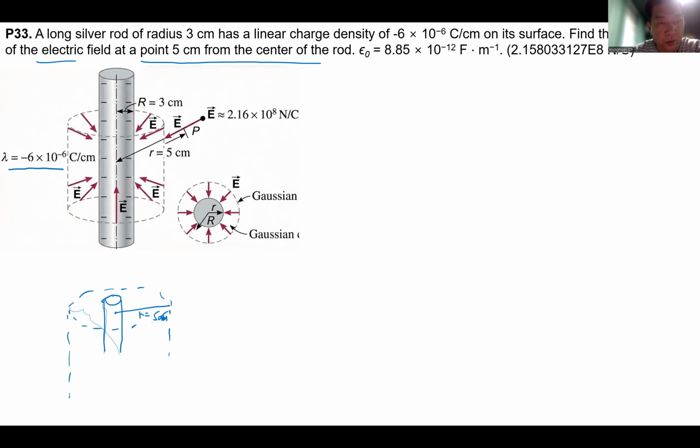Okay, and from here to here is the 3 centimeters. So what we need to do is do the surface integral and then correlate it to the charge enclosed. So enclosed means that we have a solution there.